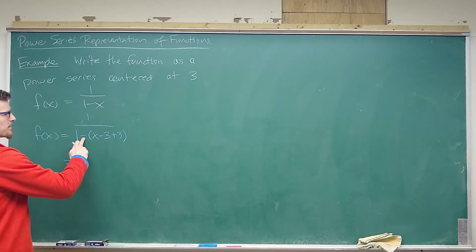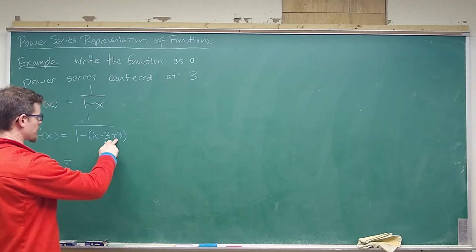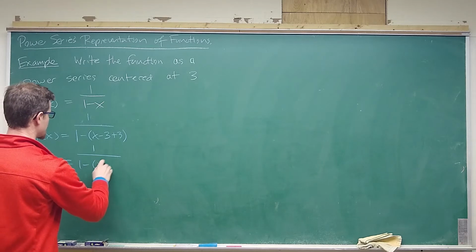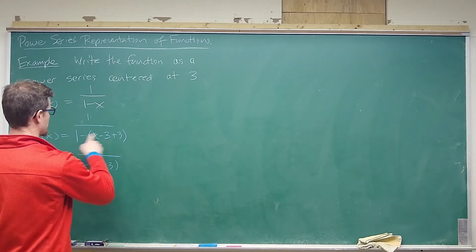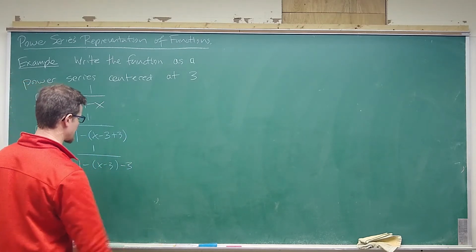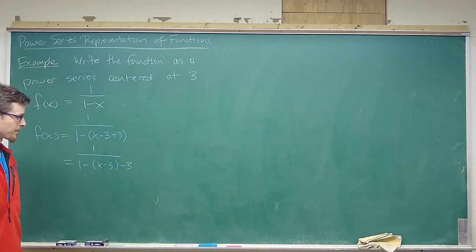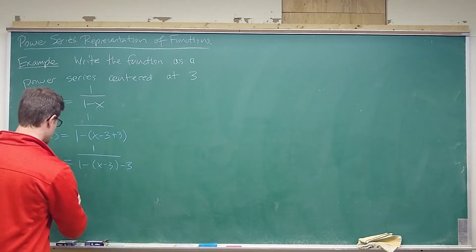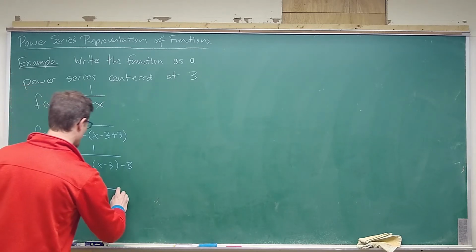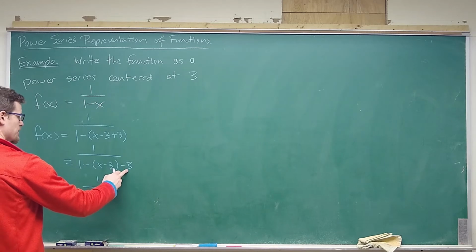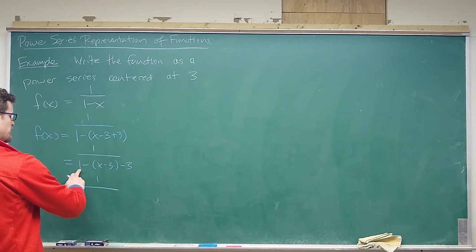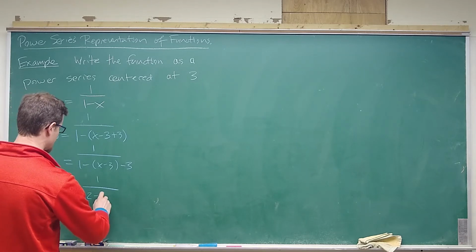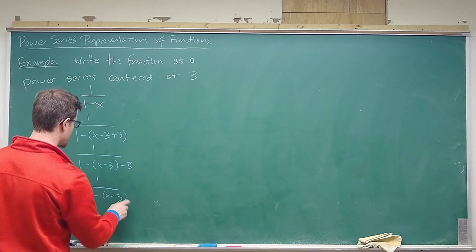So I'll distribute the minus sign to this 3 to give me 1 over 1 minus x minus 3 minus 3. Now I can combine these two terms: negative 3 plus 1 is a negative 2, so this is 1 over negative 2 minus x minus 3.